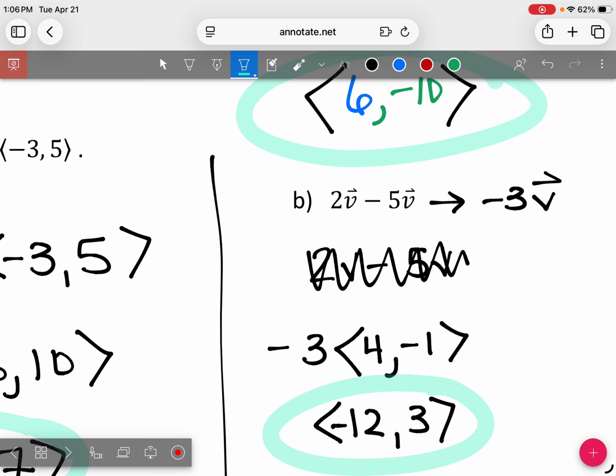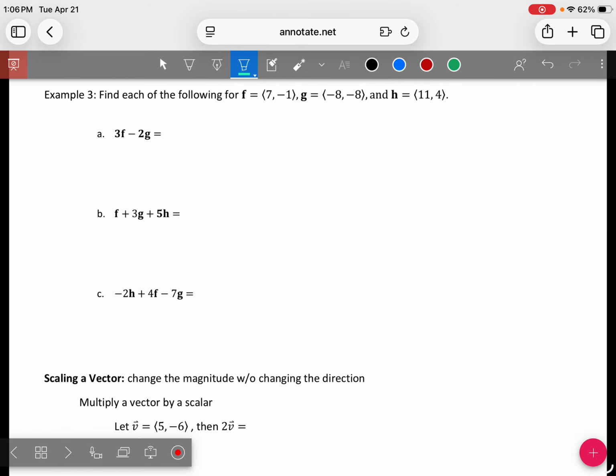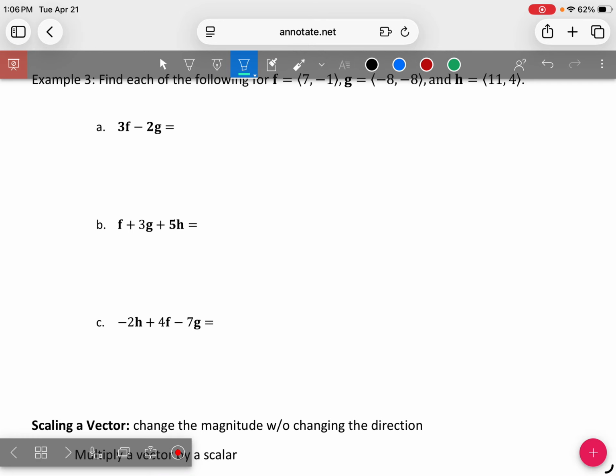All right, I feel like you all are doing pretty good with this, so I'm going to go to the next page. I'm going to skip over a couple of these, though. I'm going to skip A, and let's just do examples B and C. Now you're using 3 different vectors. So this one says take vector F. Vector F is 7, -1.